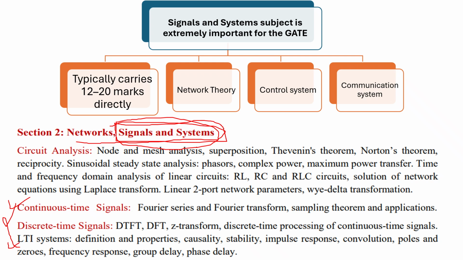In this session we are going to take the questions from the Laplace transform. The Fourier transform in continuous time signals is closely related to the Laplace transform as well, right? So let's take the question.